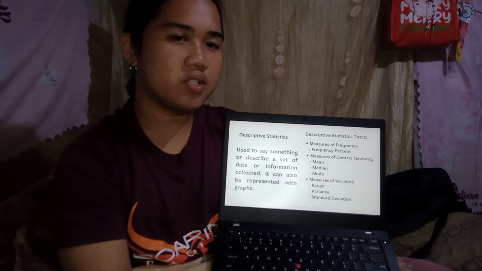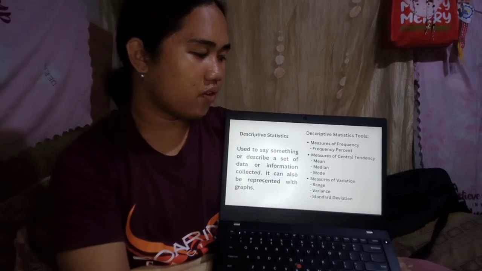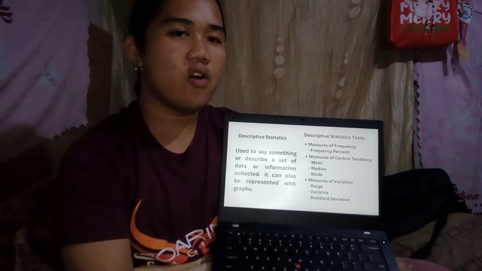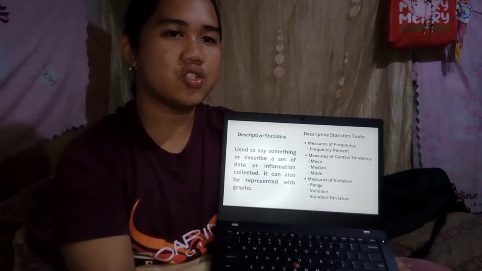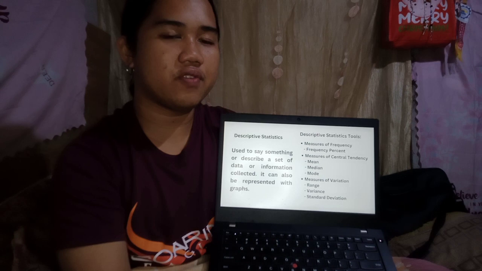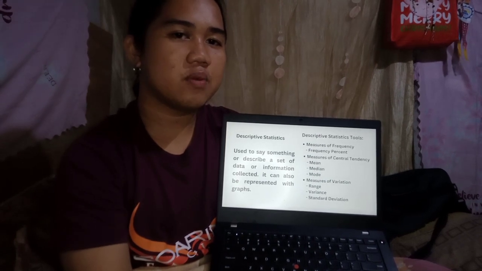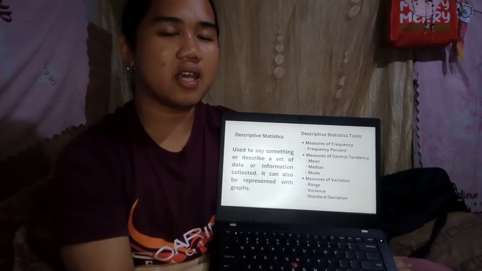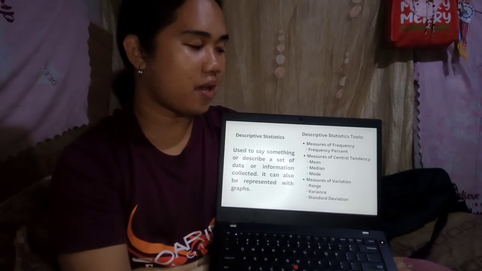In measures of frequency, we use the frequency and percent, which will help us know how frequently an event happens in a certain period of time, or kung gaano kadalas nangyayari ang isang pangyayari in a certain period of time.